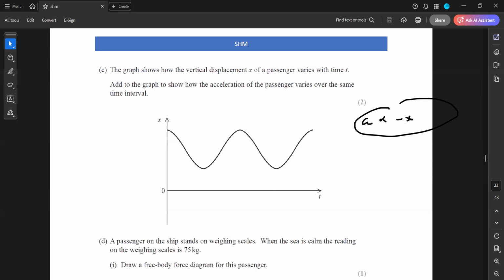If this is a displacement graph, what will the acceleration graph be? Because this graph shows the vertical displacement of a passenger varying with time. Like the passenger is going up and then going down.